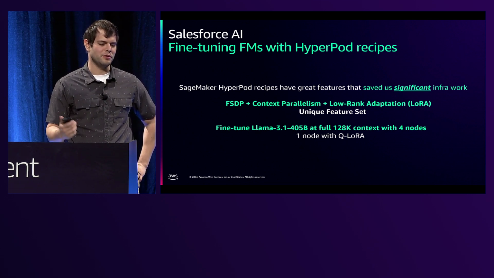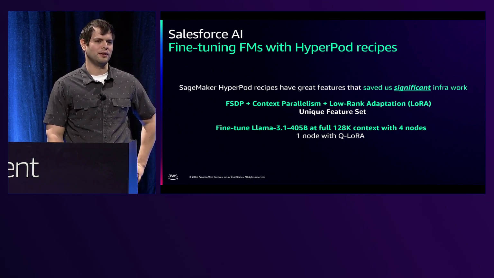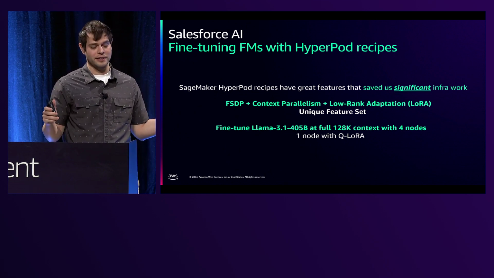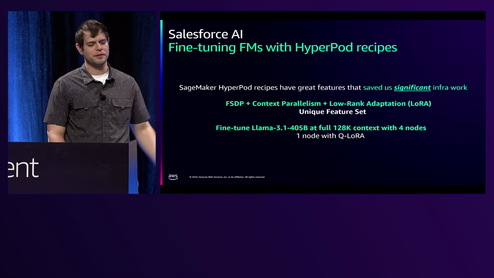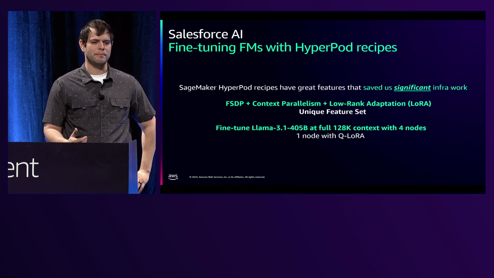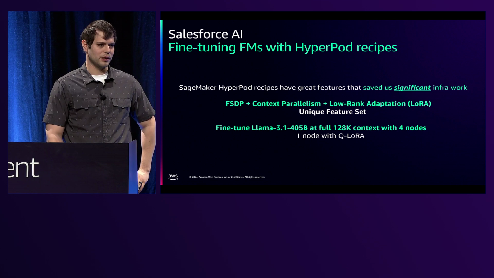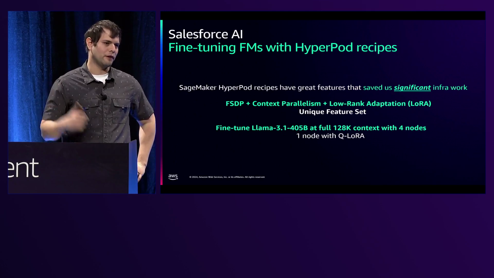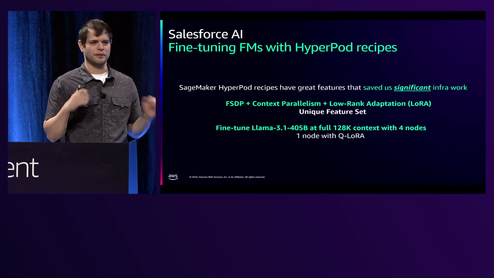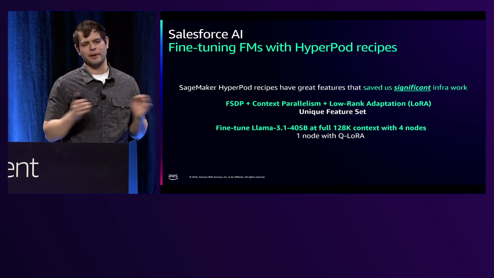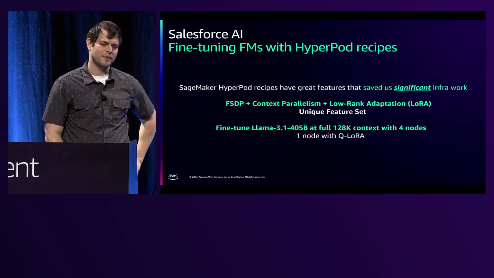One thing we can do with this is fine-tune Llama 3.1 405B at full 128K context using just 4 nodes, and 1 node if you quantize. And this is actually a big deal. A colleague of mine, another researcher, needed a long context use case, and went off for a week and did all this grunt work to integrate the frameworks and get context parallel and basically get long context.